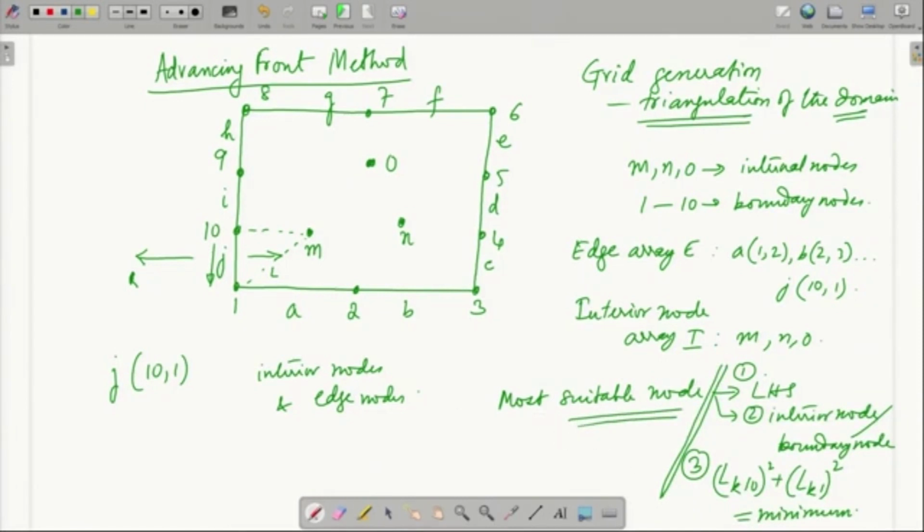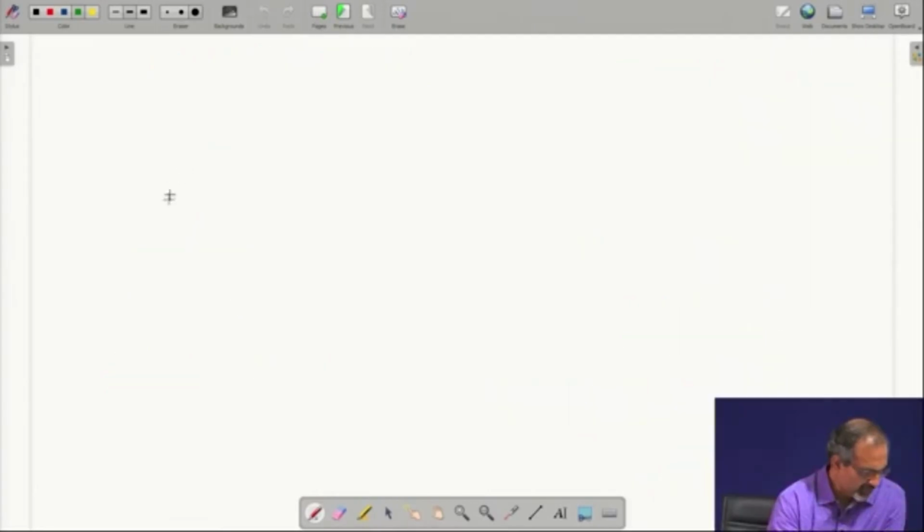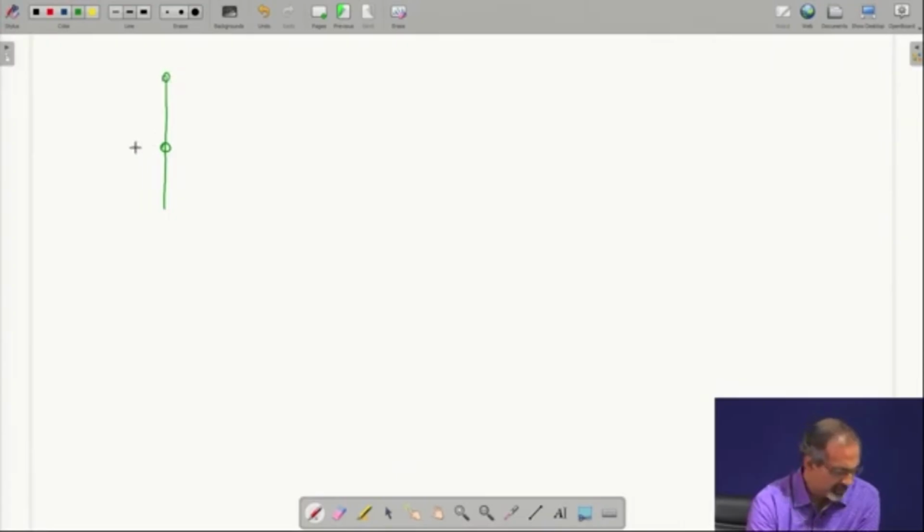So, what is the next step we go ahead with? Next step that we go ahead is something like this. We do not draw the entire diagram, but we just look at the local changes.